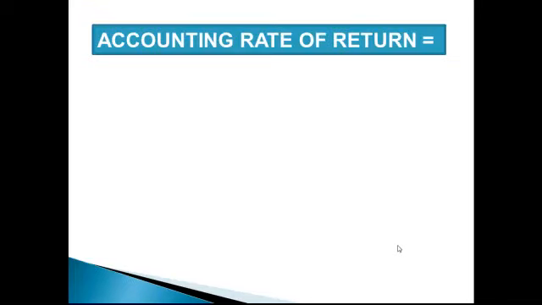We're also asked to calculate the accounting rate of return, or the simple rate of return if you prefer to call it that. And remember, this was the only capital budgeting technique that uses income instead of cash flow. So we're going to take the net operating income per year of $20,000 and we're going to divide by the net investment of $140,000.